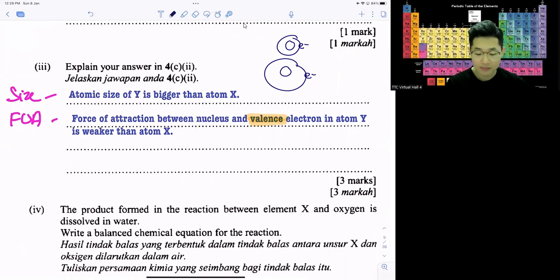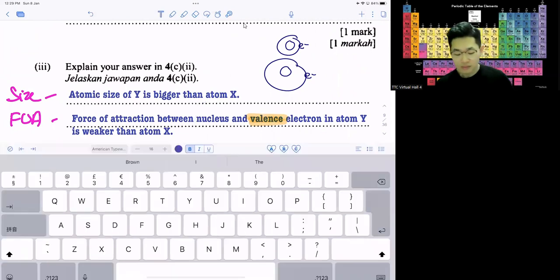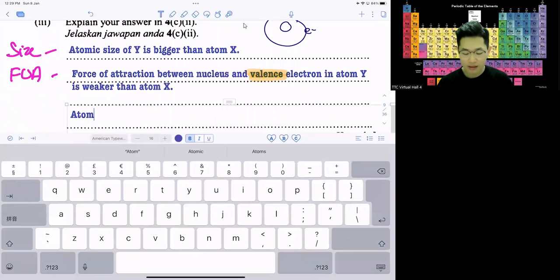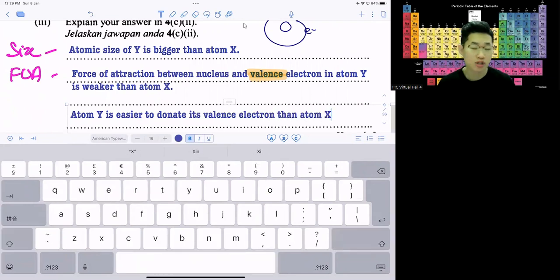So lastly, atom Y is easier to donate its valence electron than atom X. 其实写到这边就 OK 了，没有问题的。如果你要写长一点，或者是你的老师，好像我以前的老师跟我讲，一定要再写长一点。Must write longer already.